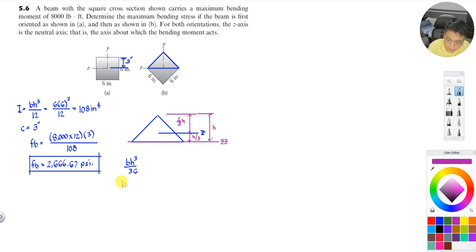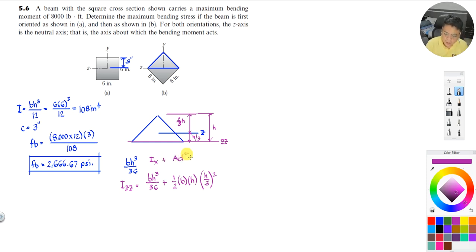Okay, so I will be having here IZZ para ma-transfer ko sa baba, and that would become equal to, from the Z, which is BH cube all over 36, plus the area, which is 1/2 BH. Okay, multiplied by the transfer distance, which is H all over 3, and then squared. Okay, so ito yung IX plus or AD squared.